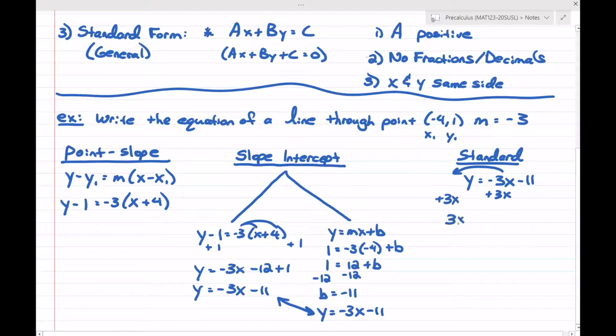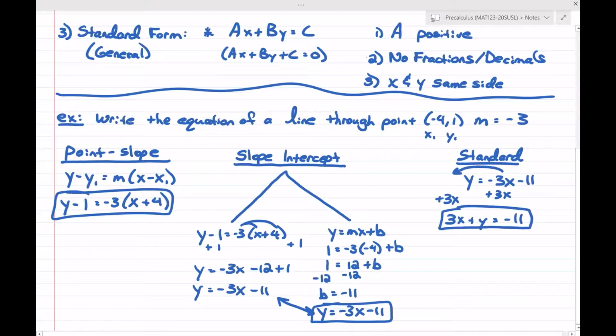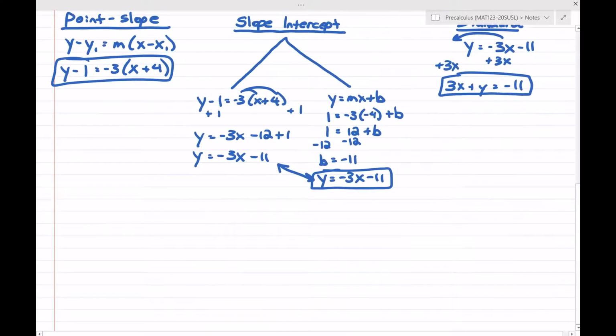And I get 3x plus y is equal to -11. And that's standard form. A is positive. There's no fractions or decimals. And x and y are on the same side, so that's how we do a problem like that. I showed you 3 different forms.